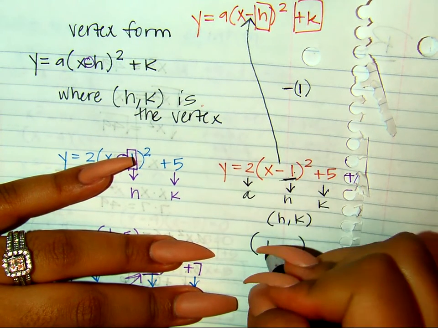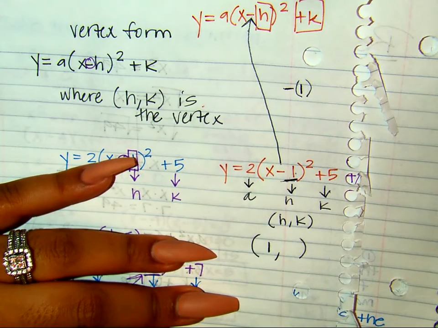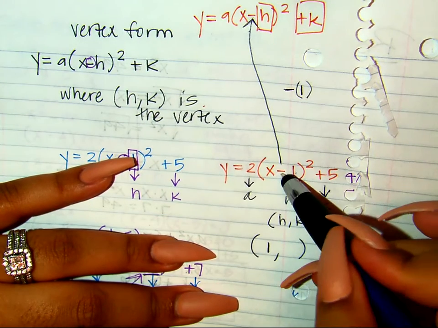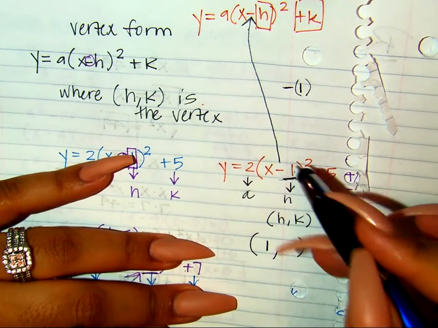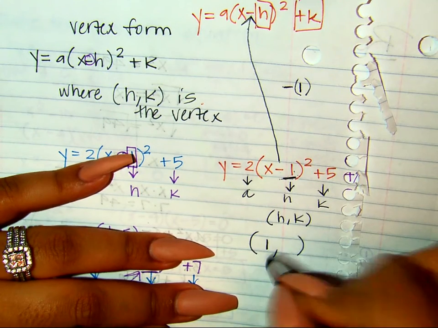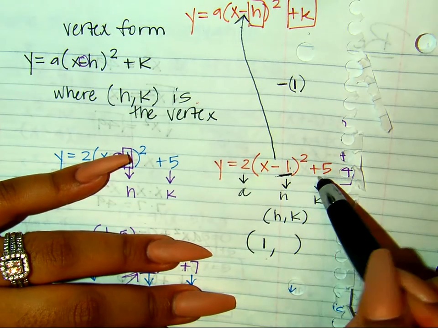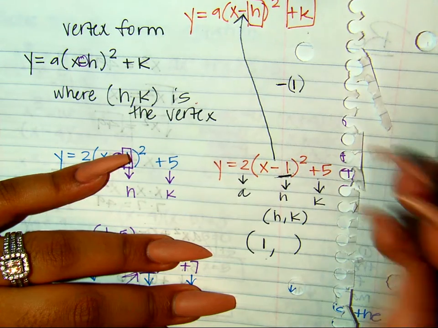Write the number, and then when you look at the sign, you're going to do the opposite of what it is. So because this is a -1, I'm going to translate it as saying it is a +1. And we don't have that issue with k, because that's a plus k, and this is also a plus k. So we're just going to put 5.